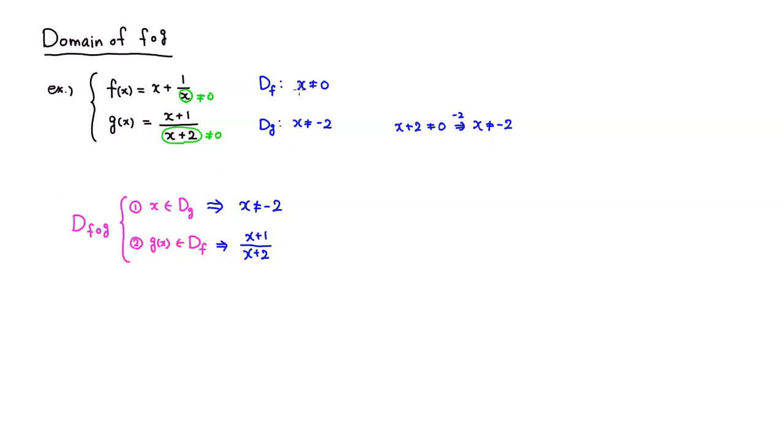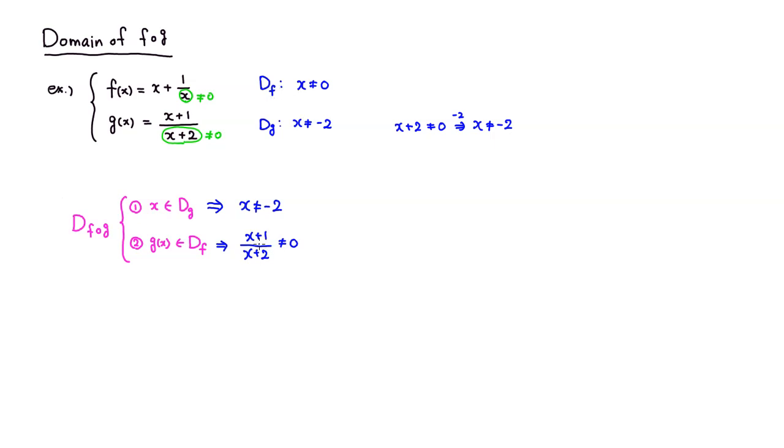The domain of f has the only condition that x cannot be equal to 0. So g of x has to be non-zero, because it has to be inside the domain of f.